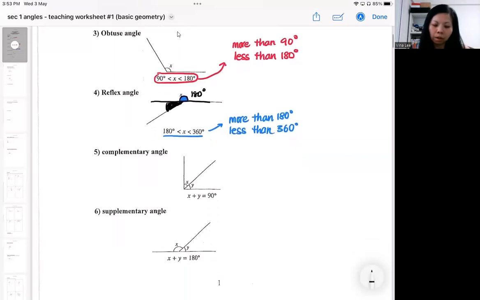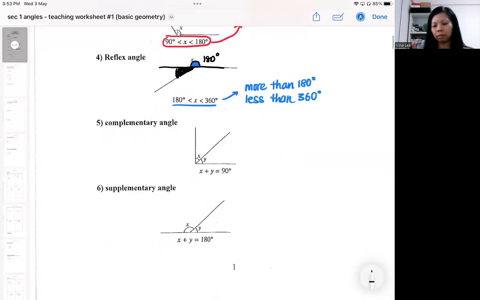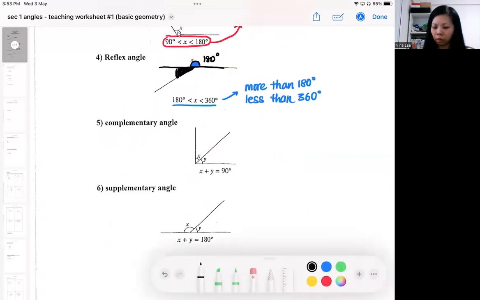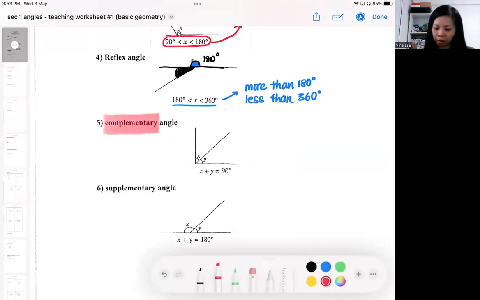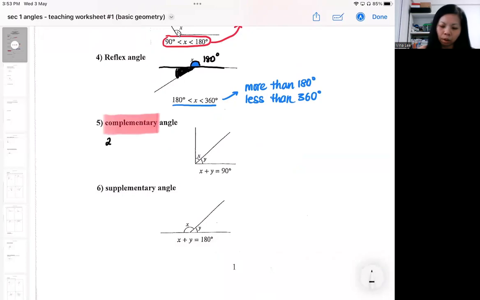Okay, so another big word that you will find in this topic will be complementary angle. When we say complementary angle, it means two or more angles add up to 90 degrees.